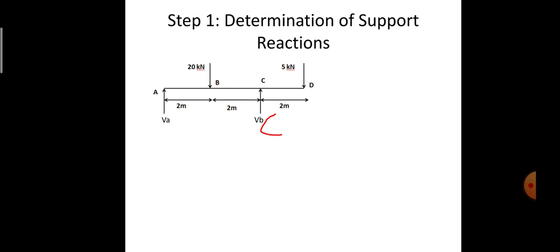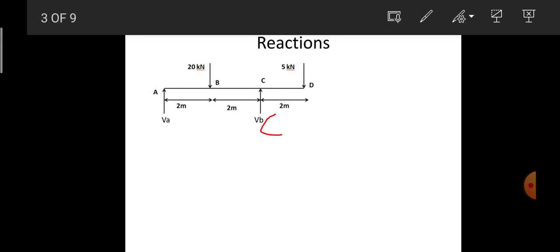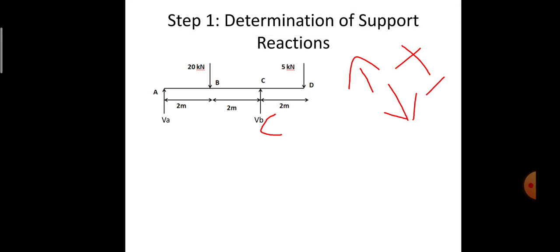Coming to the second equilibrium condition, the summation of all vertical forces is equal to 0. We have four vertical forces here: two support reactions, VA and VC, and two external loads, 20 and 5 kilonewton. I take the sign convention that upward forces are positive and downward forces are negative.